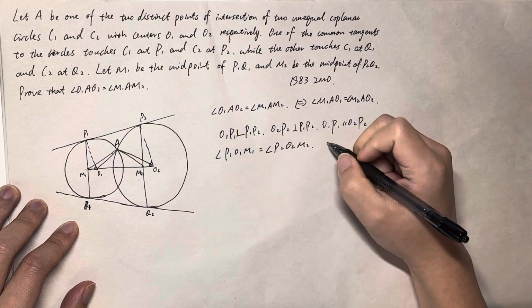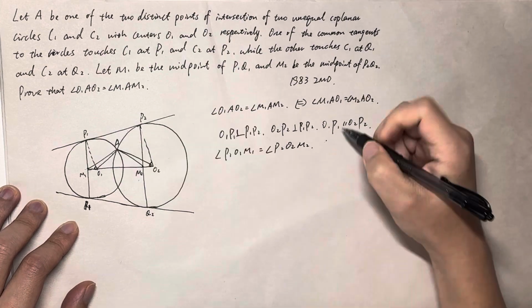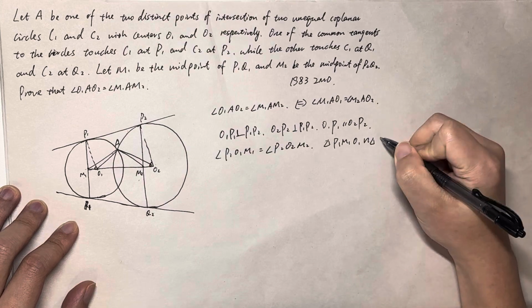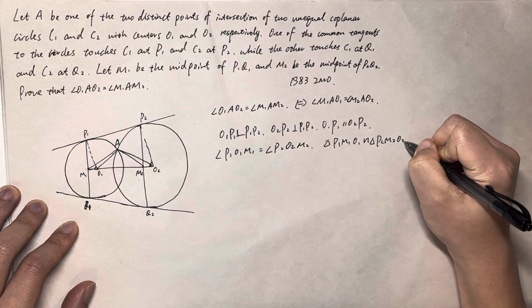So we know that triangle P1M1O1 is similar to triangle P2M2O2.